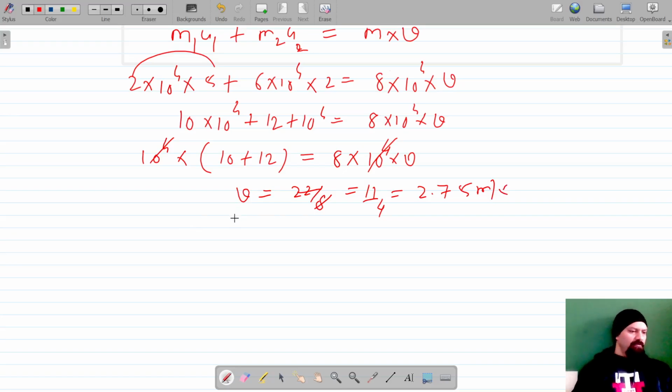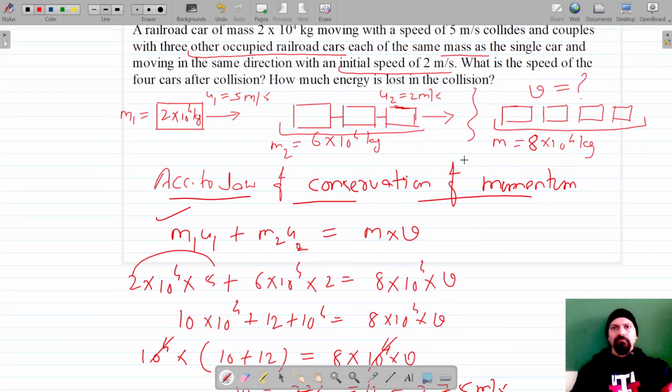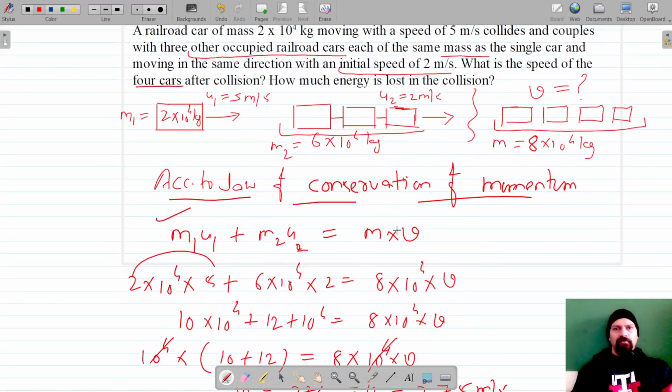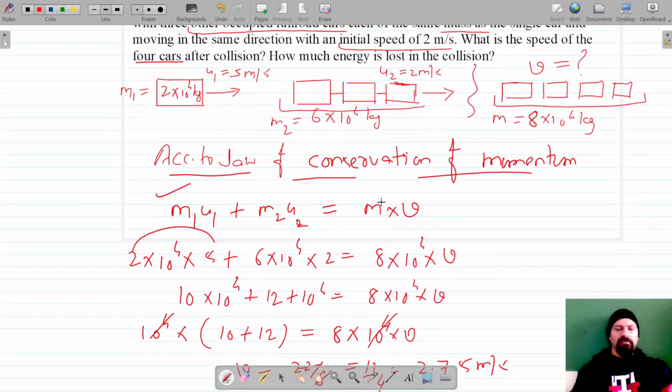So the speed of the four cars after the collision is 2.75 meters per second.